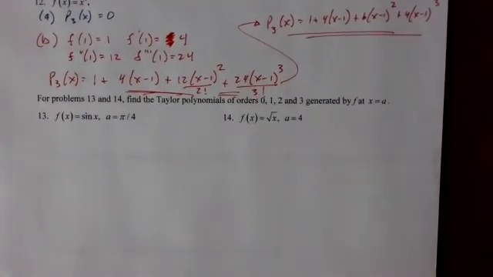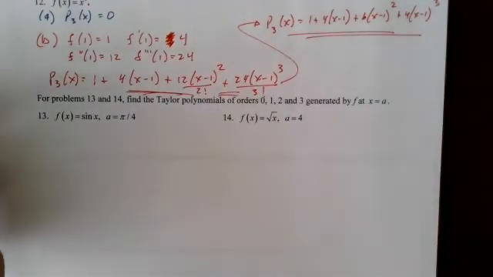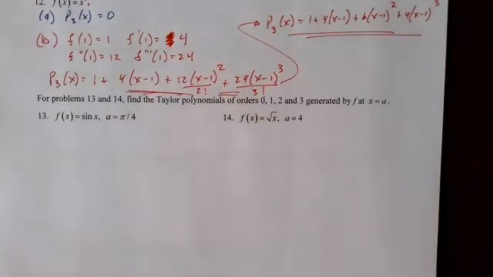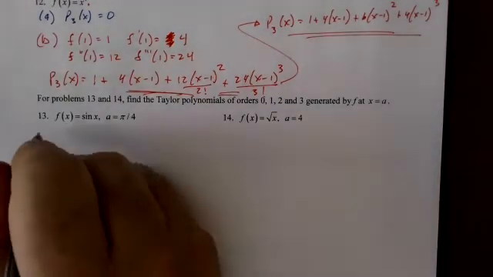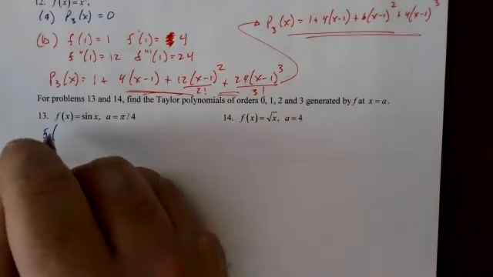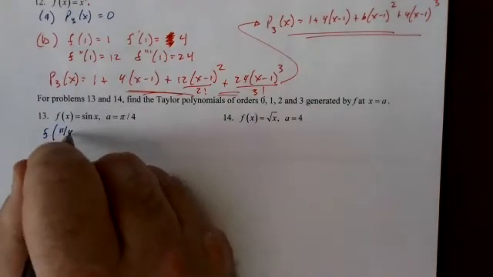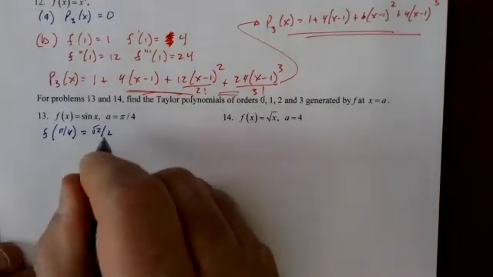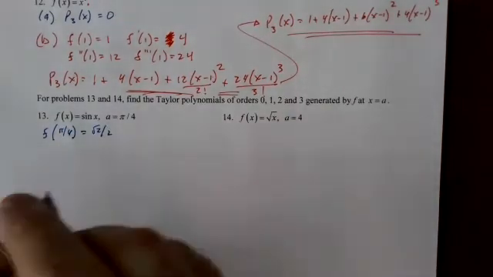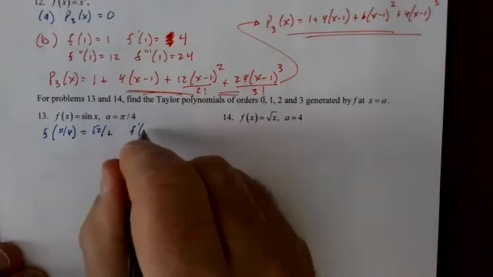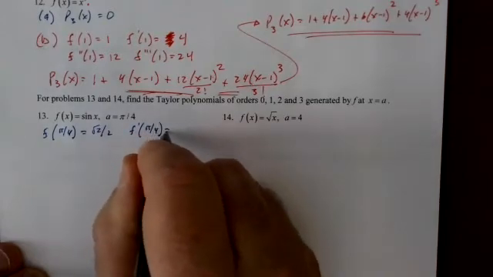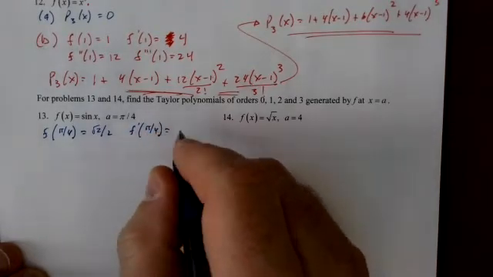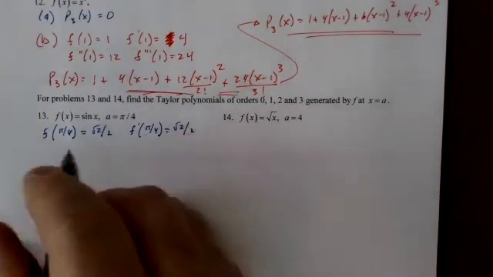For 13 and 14, find the Taylor polynomials of order 0, 1, 2, 3 generated by f at x equals a. Alrighty. F of pi over 4 equals root 2 over 2. F prime of pi over 4 equals root 2 over 2.